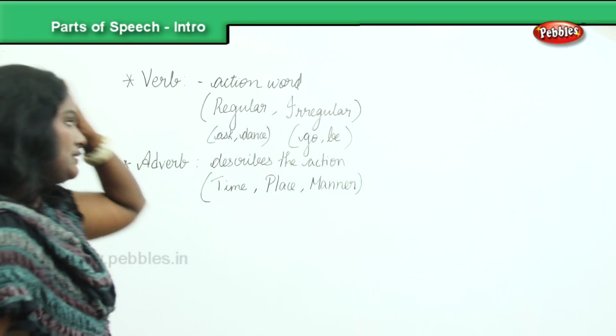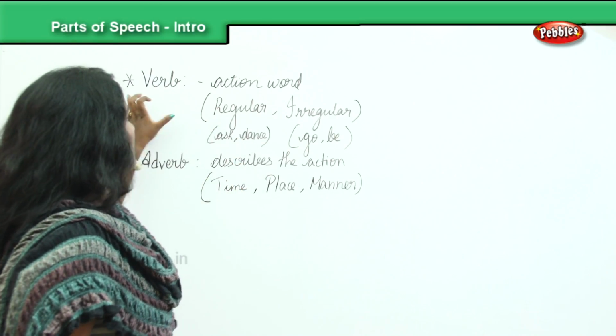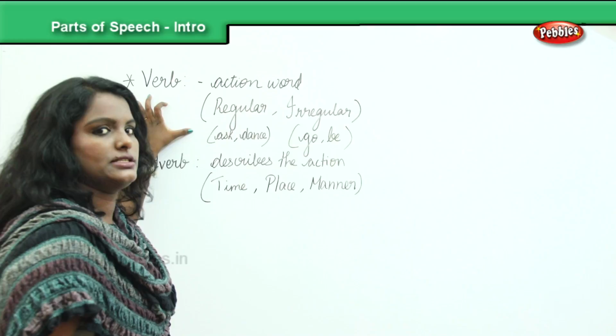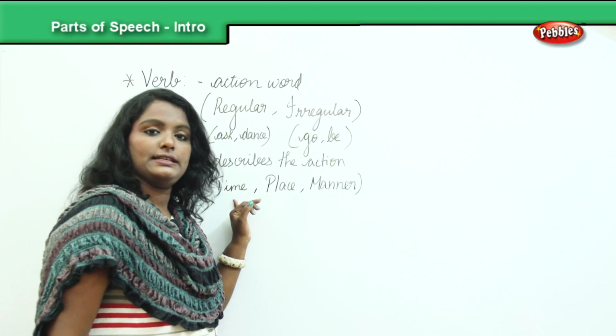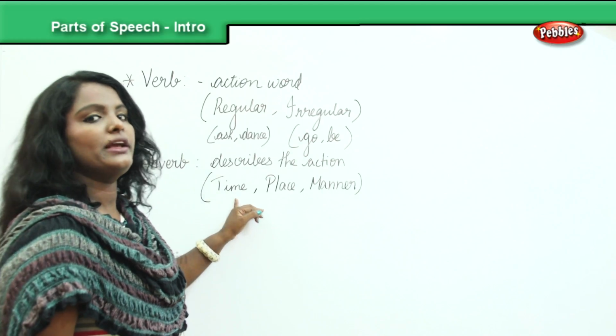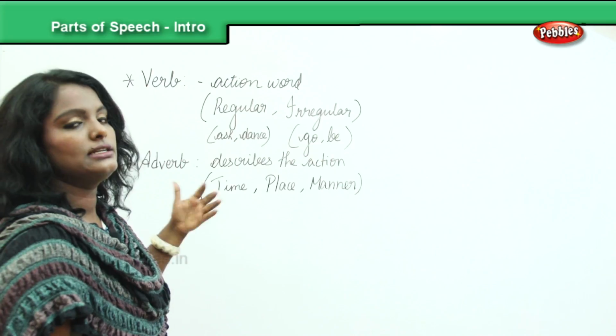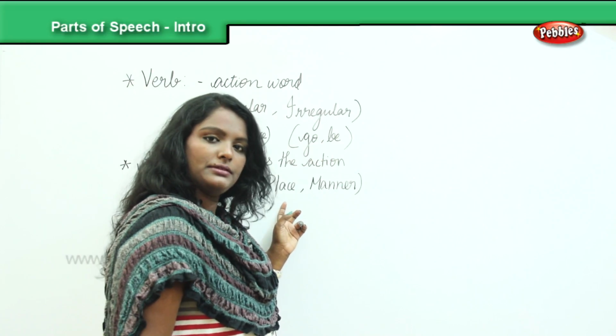With respect to time, for example, if I'm going to say the verb, she danced. With respect to time, I'm going to say she danced yesterday or she danced this morning. So I'm going to give you more information about how she had danced or when she had danced. Place, she danced in the temple.